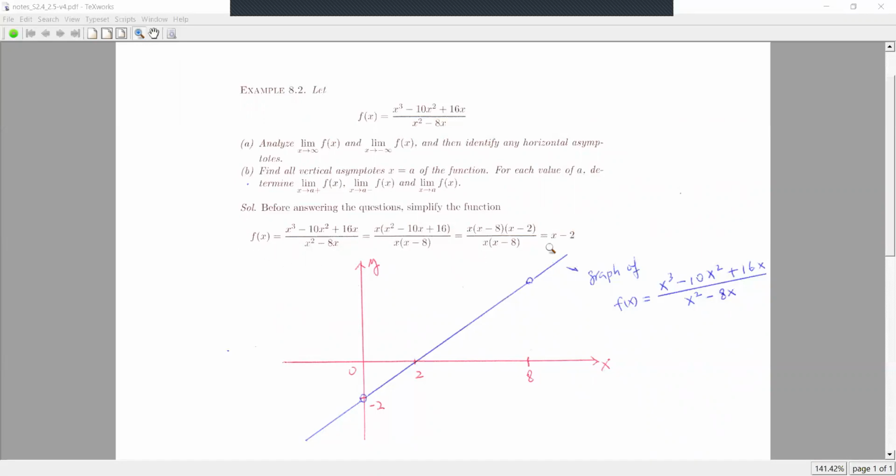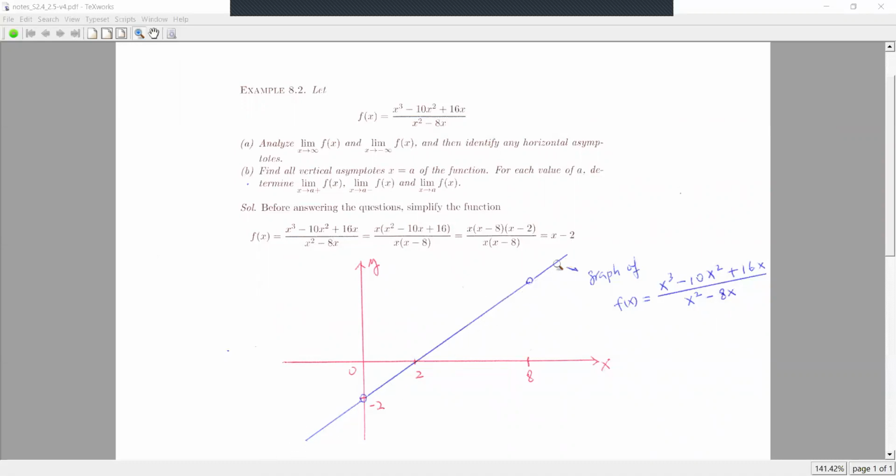Function f and this function, they are equal everywhere except at 2 points. When x is 0, function f is not computable. When x is 8, function value is not computable. So function f and x minus 2, these two functions, they are equal everywhere except at 0 and at 8.